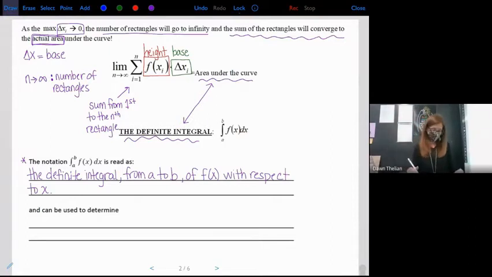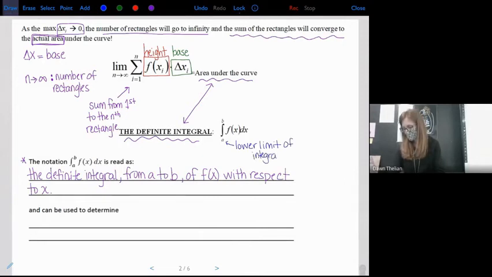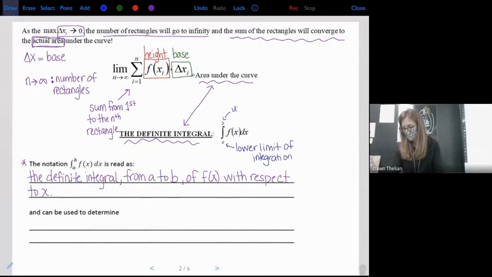Let's label some of the parts. That a to b, those are our limits of integration. It's the beginning and end of our interval. So a, the interval from a to b, this is called the lower limit of integration. And the b is then the upper limit of integration.